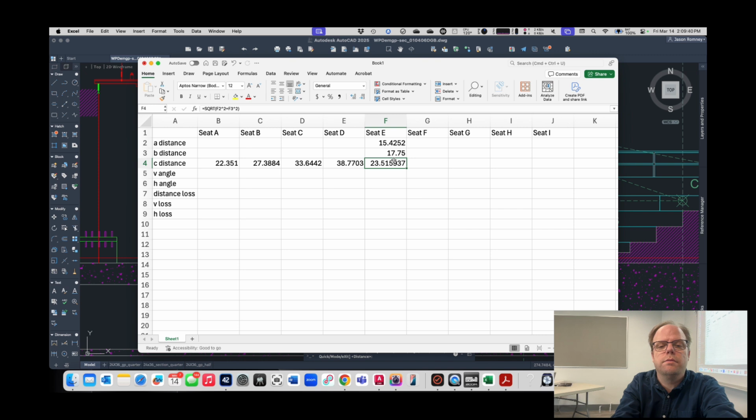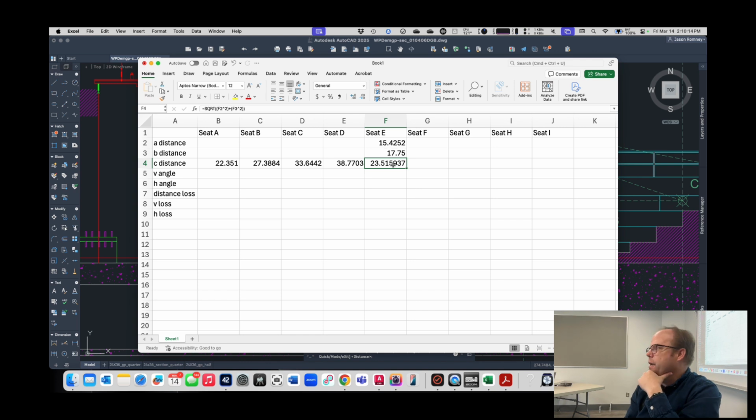And just to make sure it doesn't get confused, I'm going to add some extra parentheses just to make sure it does everything in the right order. So you see what I did? I did F2 squared, and that little upside down V is like to the power of, right? So square root of F2 squared plus F3 squared, which are those two values, that's the actual distance to that seat.